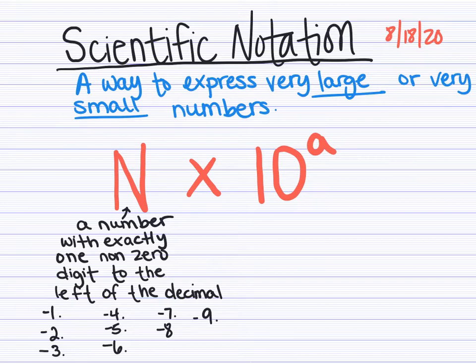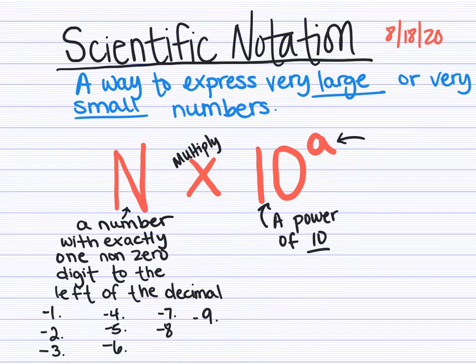Okay, so then here in the center, you already know that this means to multiply. You already saw that this has to be a power of 10. And then the exponent is important because it tells us how many times the decimal moves.